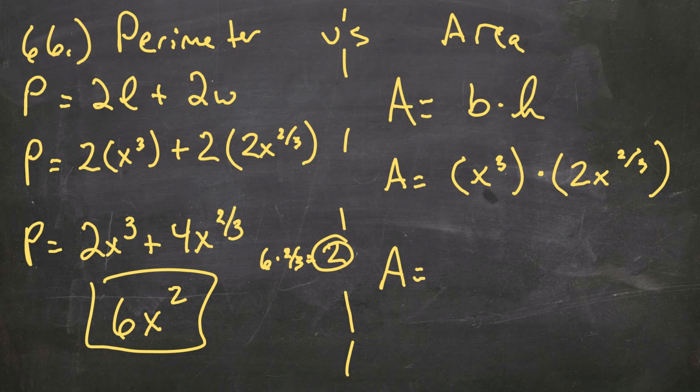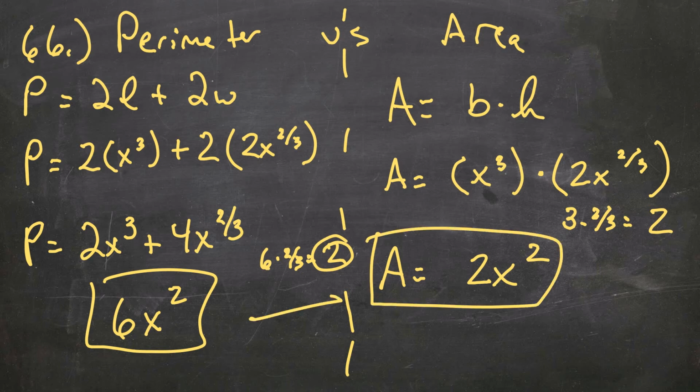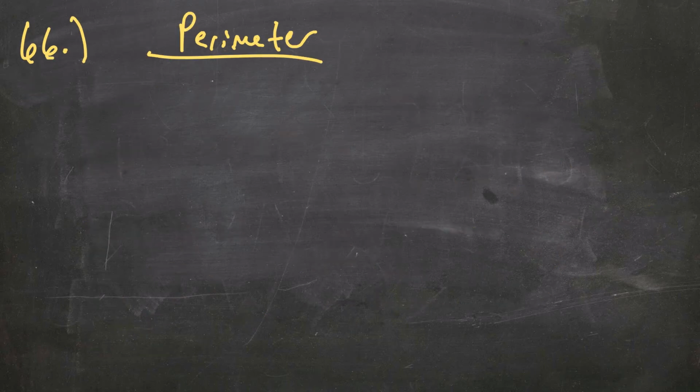Area equals x times 2x, which is 2x, and 3 times 2/3 equals just 2. So I get 2x squared for area. So there's my perimeter, and there's my area. 2 answers. Moving on. All right, that's a 68.